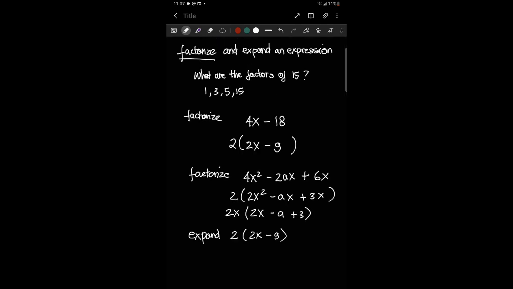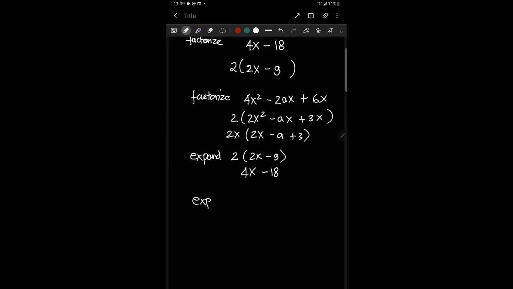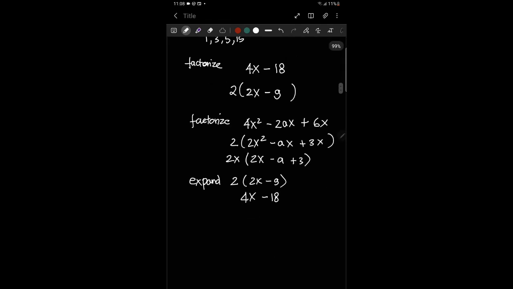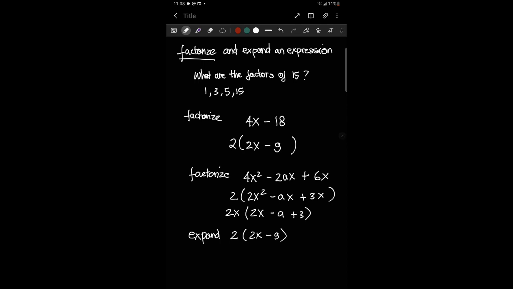Expand is about giving the factor back to all terms that are available in the expression. So factorize is about taking away. Expand is about giving back to the terms that are available in the expression.